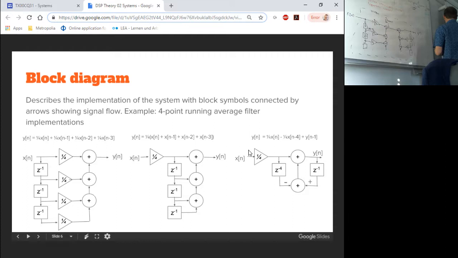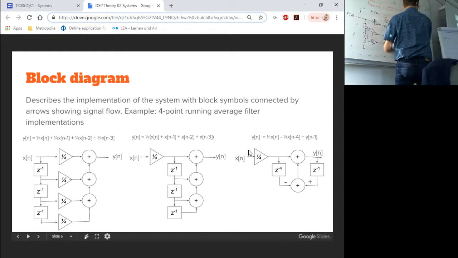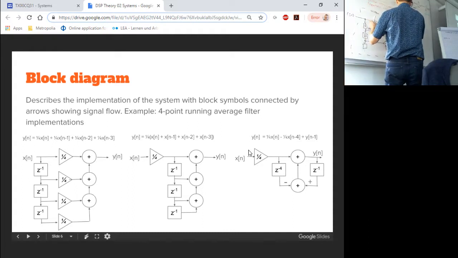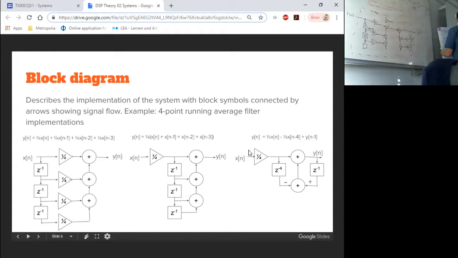x of n, still y of n, but k. Then we actually have this part here, meaning that we have the delay chain in the middle, and these sums, summing junctions in here.